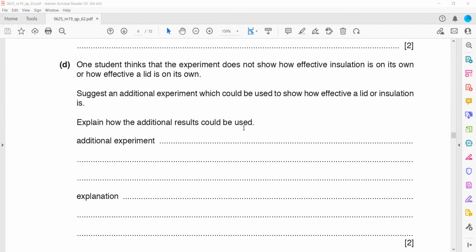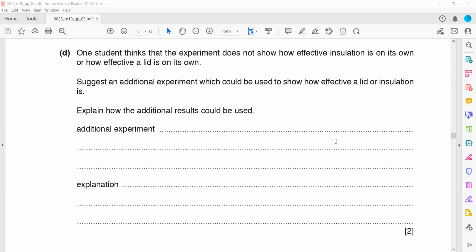One student thinks that the experiment does not show how effective insulation is on its own and how effective a lid is on its own. Like another student is there because this is performed by a number of students. So suggest an additional experiment which could be used to show the effectiveness of the lid or insulation and explain how this additional result could be used.